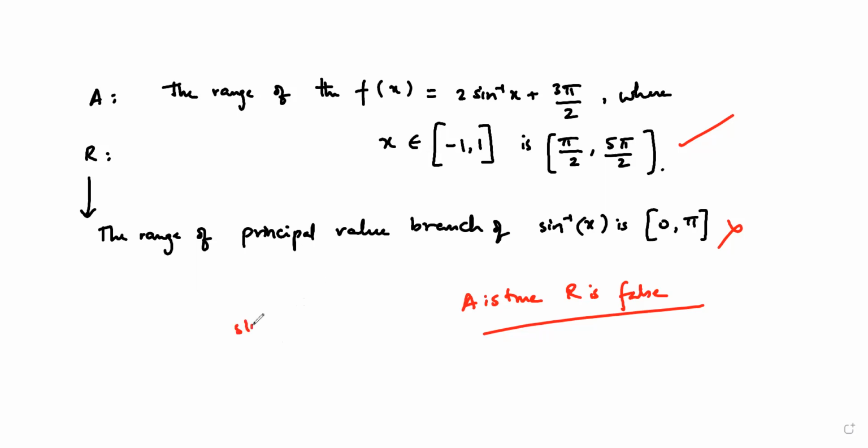Normally, you know very well that sine inverse of x will lie between minus pi by 2 and pi by 2. So 2 sine inverse of x means minus pi to pi. Now plus 3 pi by 2 is also there. So what I will do is add 3 pi by 2 on both sides.